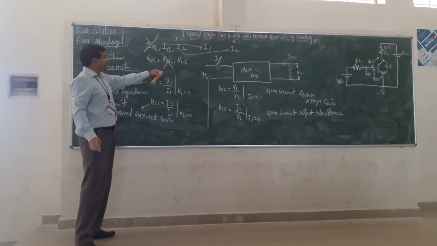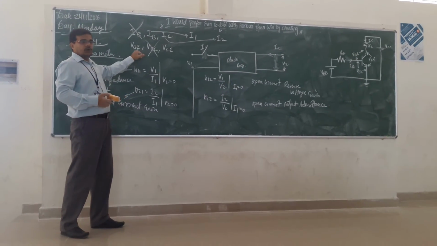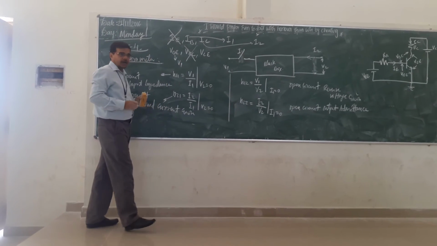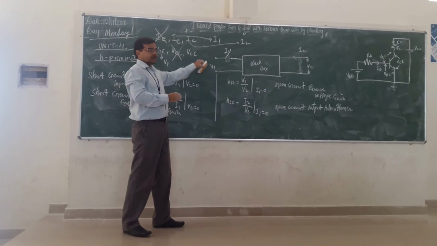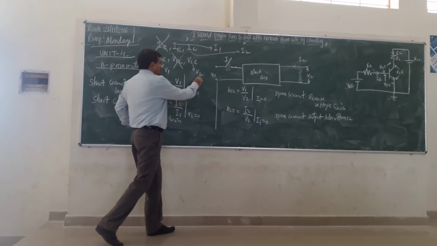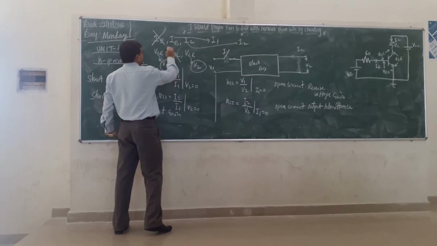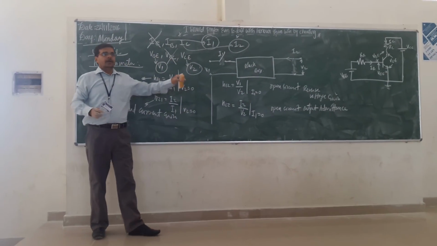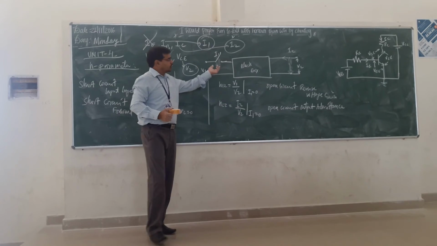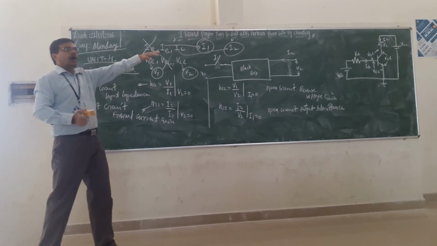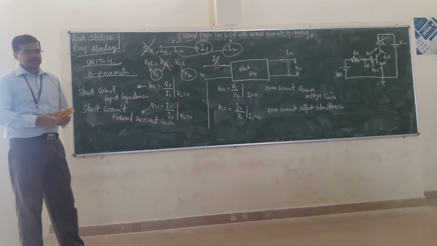And similarly here we are seeing your base emitter voltage. Can we say this base emitter voltage as V1, and collector emitter voltage as your V2? Now we are having your I1, I2, V1, V2. You just have to substitute these values to frame the H parameter equation.